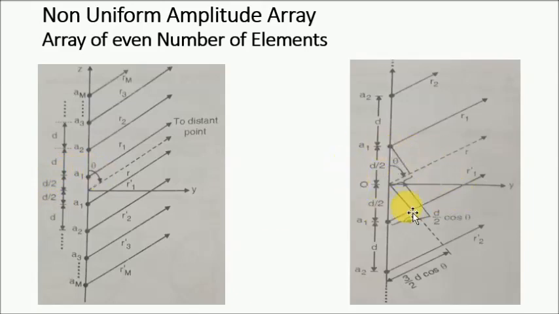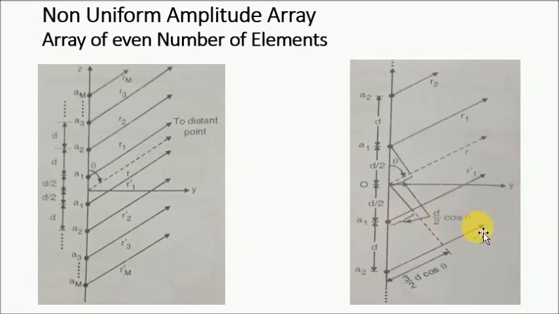Now we will see this part here in this diagram. This is the origin indicated with the letter O. One element is placed at A1 and the other element is also placed at A1. Here one is leading and one is lagging. Here the separation is d by 2, here also the separation is d by 2, and the path difference, if you calculate, is d by 2 cos theta, if the angle is theta.